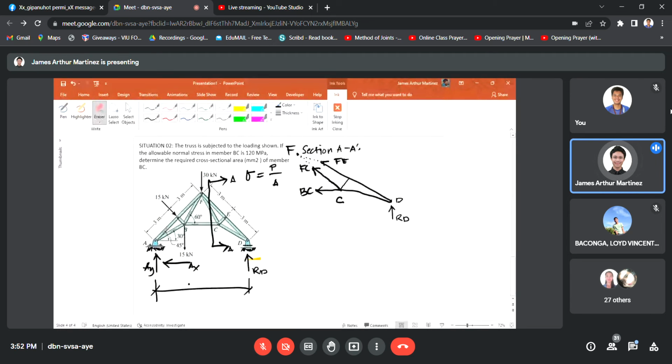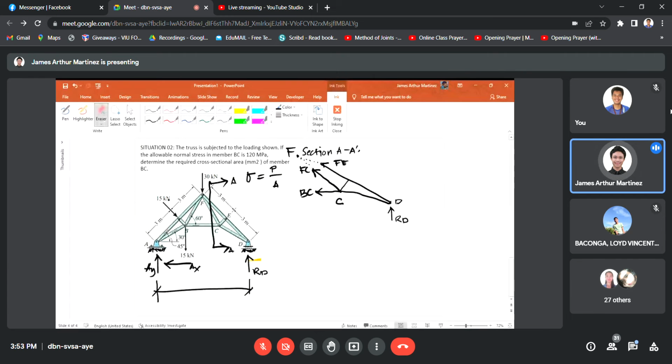So we have no moment arm for the whole span of your truss. It was not given. And for the 15 kilonewton force, since it is acting perpendicularly to your member A to F, and given the length of member A to B or A to F, we can utilize it as its moment arm.